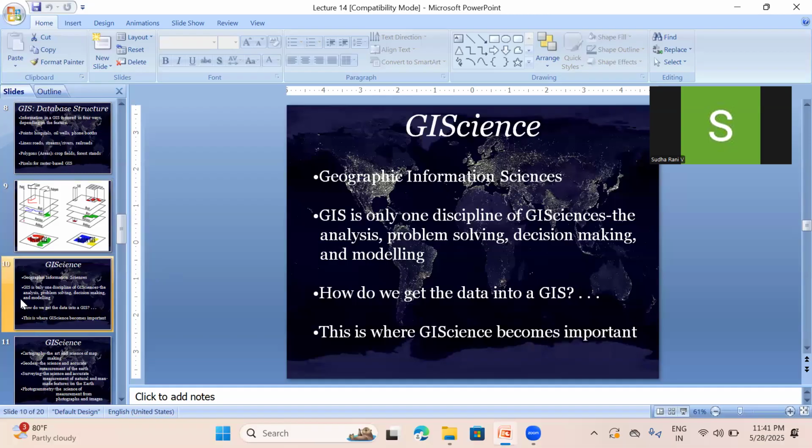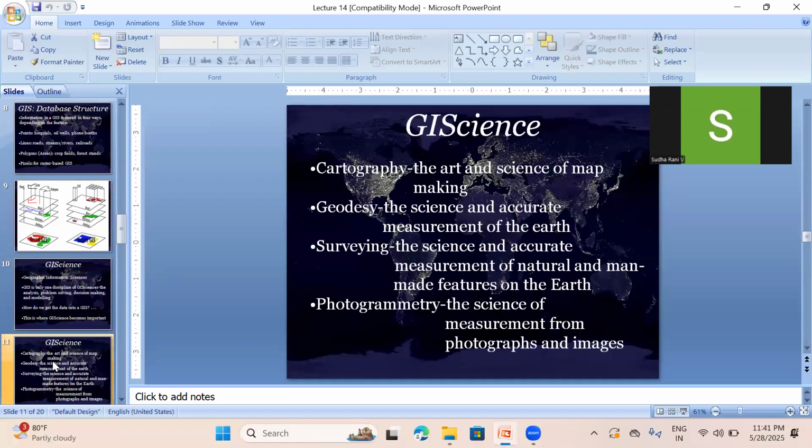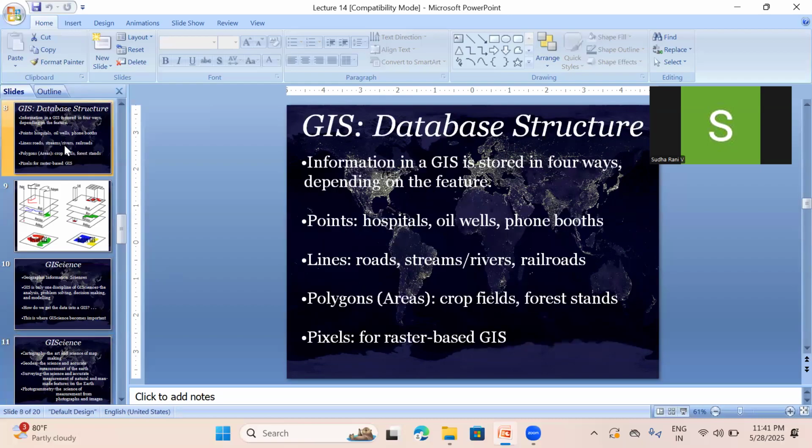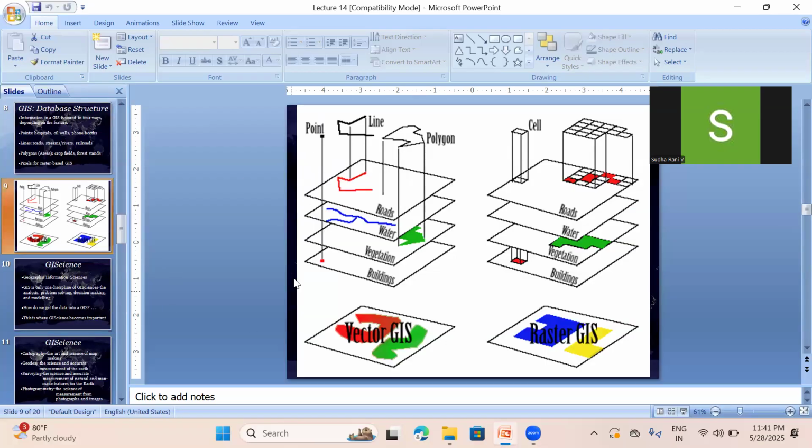We can see points like hospitals or wells or phone booths, lines like roads, streams, rivers, railroads, polygons and pixels. We can also see vector GIS and raster GIS. We can have two different types, vector GIS and the raster GIS. In the raster GIS, we can divide into cells. Again, roads, water, vegetation, building.